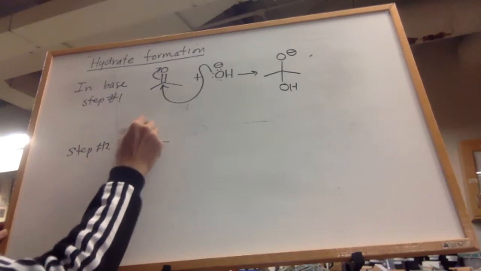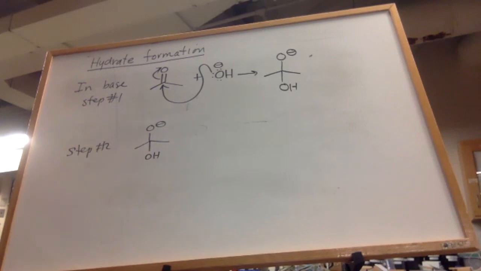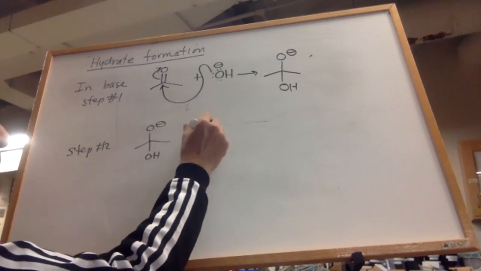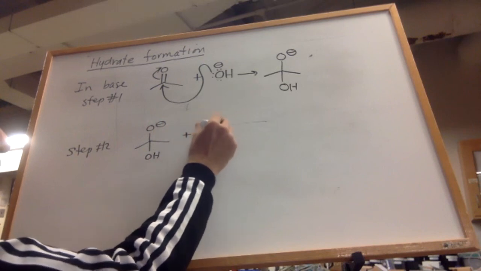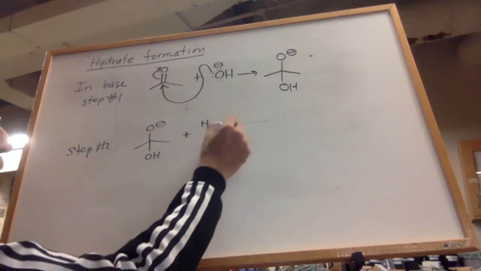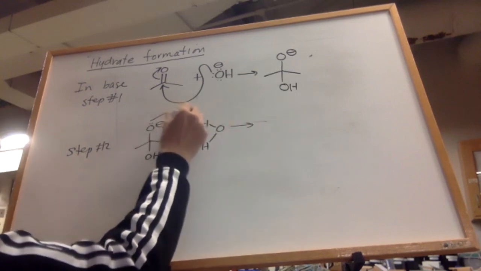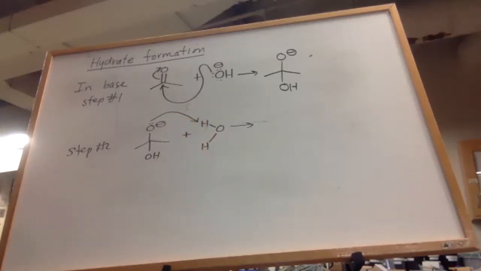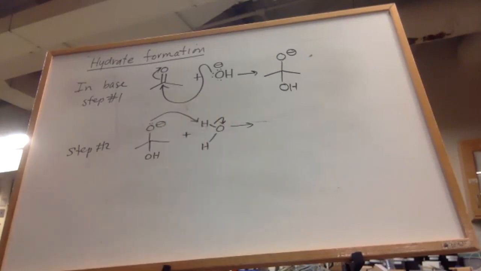We're here now. All right, so we're talking about hydration, which means the reaction with water. Now it's time for water to get involved. And water looks like this. There's the water molecule. This oxygen atom now picks off a proton from water. The electrons in the oxygen-hydrogen bond go on the oxygen.